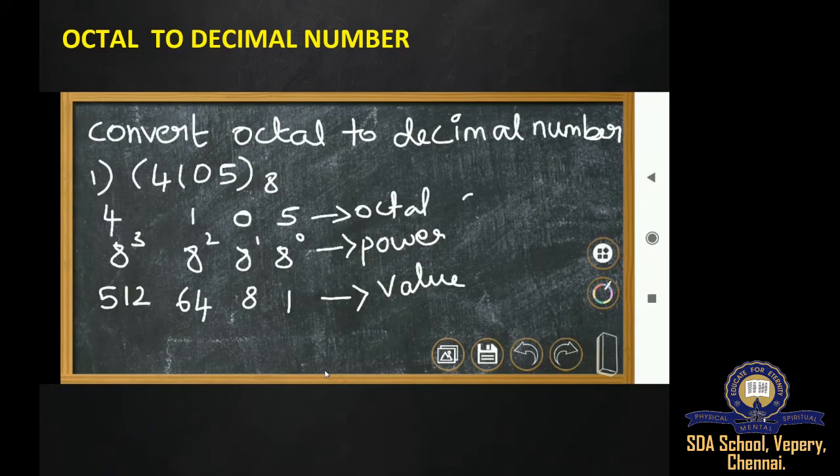Now we are going to multiply value into octal digit. So 1 into 5, we get 5. 8 into 0 we get 0. 64 into 1 we get 64.